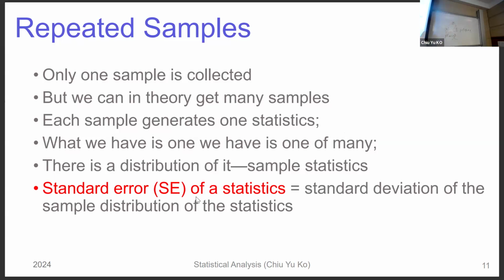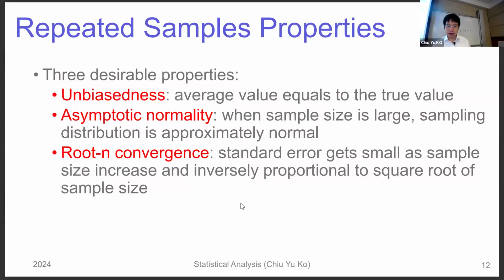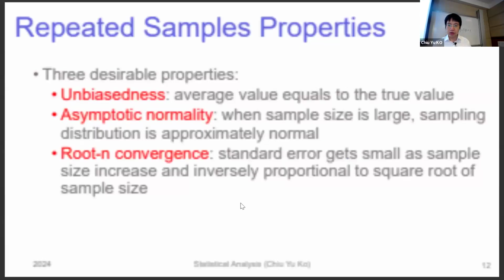For example, we want to use the sample mean to estimate the population mean. We want to know the standard deviation of our sample mean. That is called the standard error. We will be more precise, don't worry. It's super technical here.